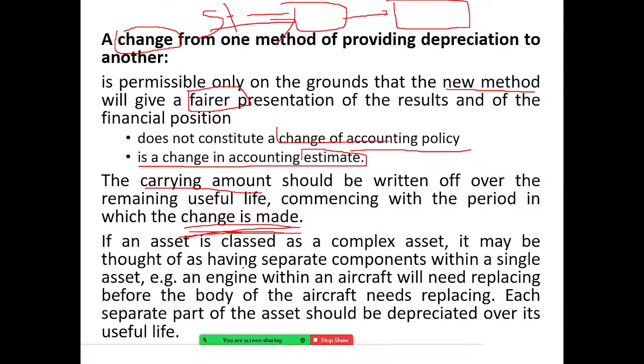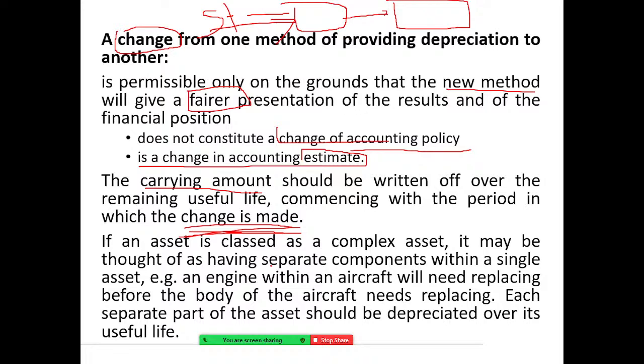If an asset is classed as a complex asset, complex assets mean it has different parts. The complex asset may be thought of as having separate components within a single asset. For example, an engine within an aircraft will need replacing before the body of the aircraft needs replacing.